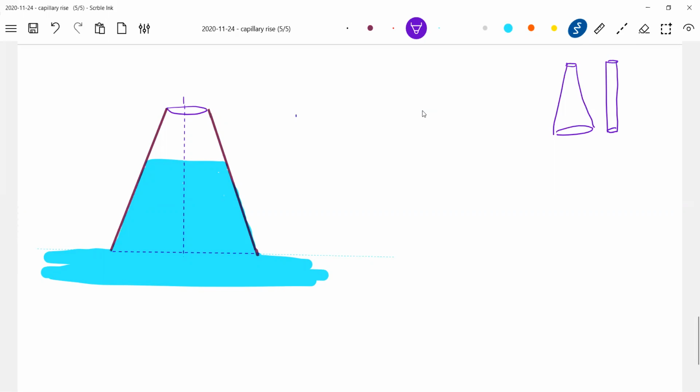The radius here, let it be A, here B. So the length of this be L. It will rise to height H. So there's the water.